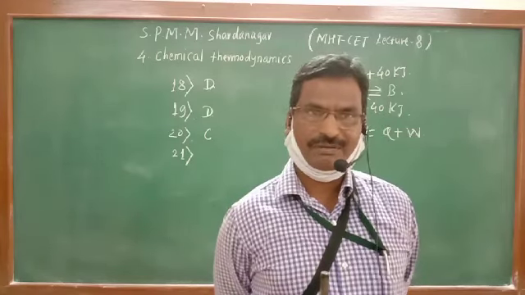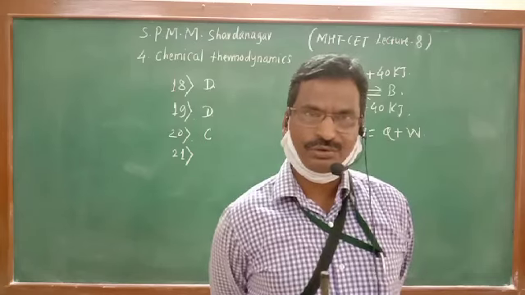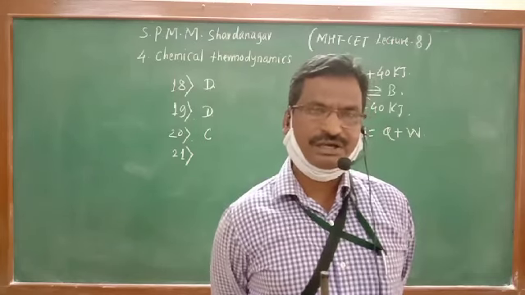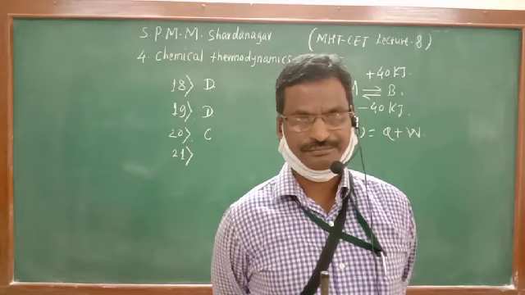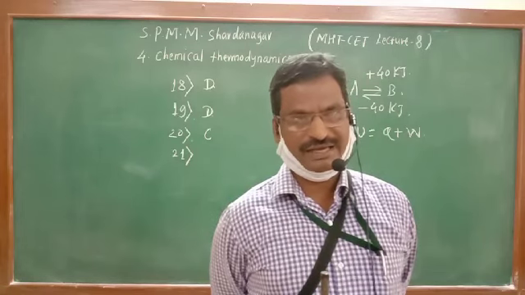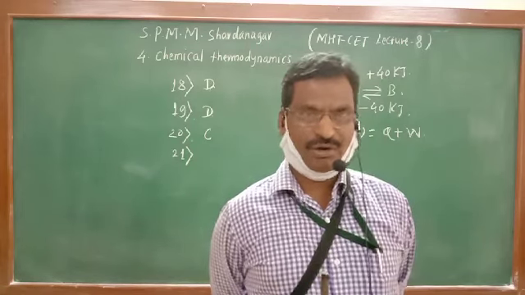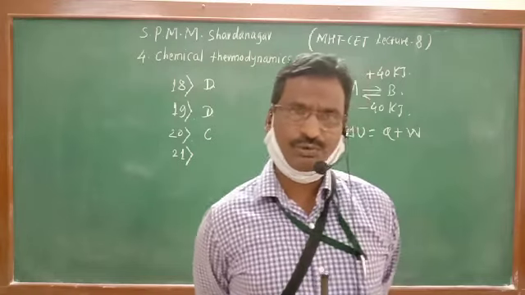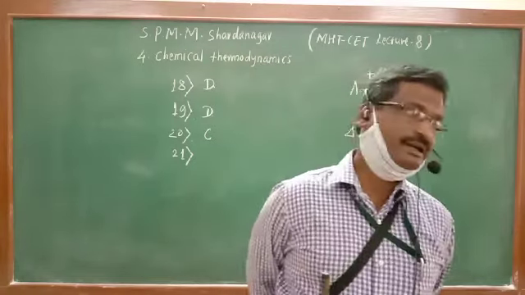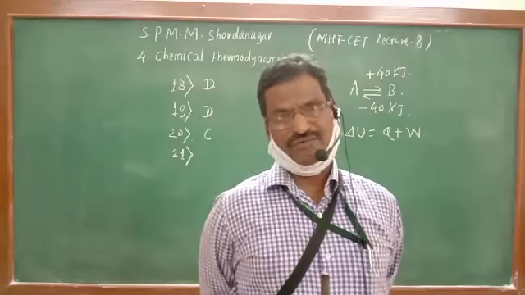It is also known as the law of conservation of energy. That is, energy can neither be created nor destroyed. One form of energy is just converted into another form of energy.